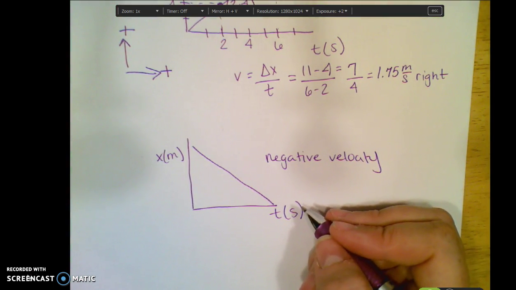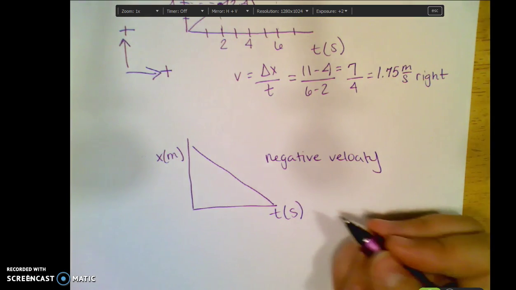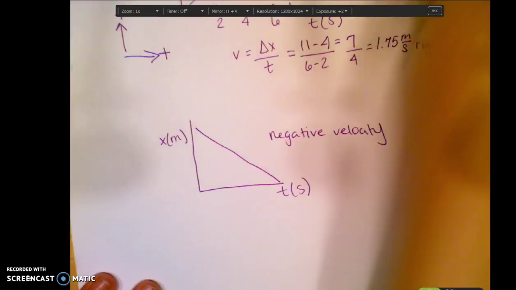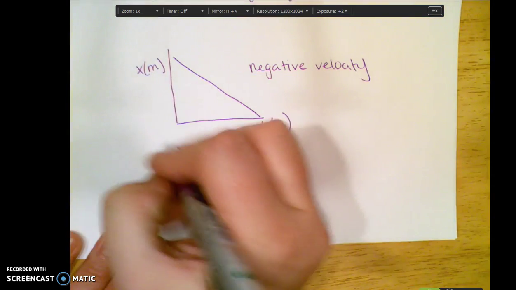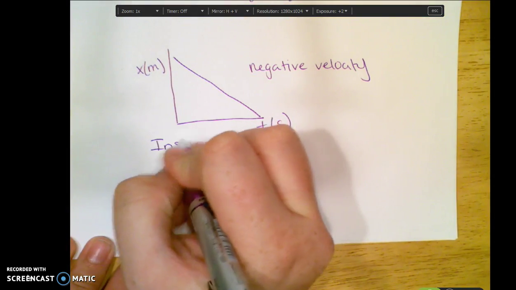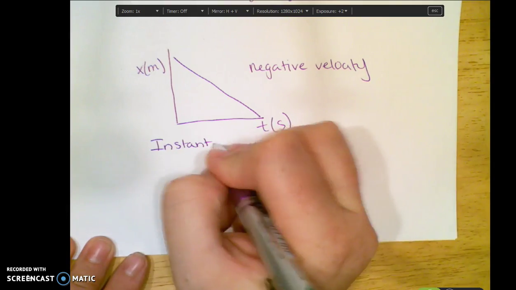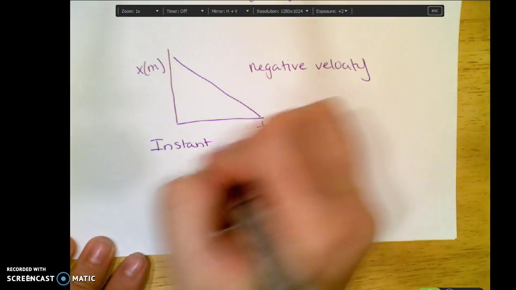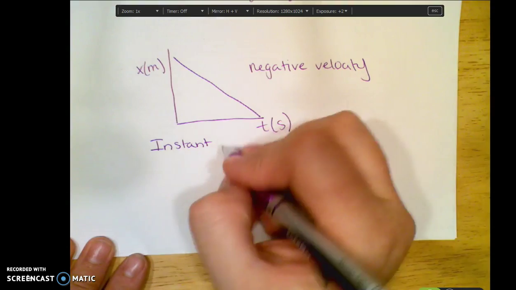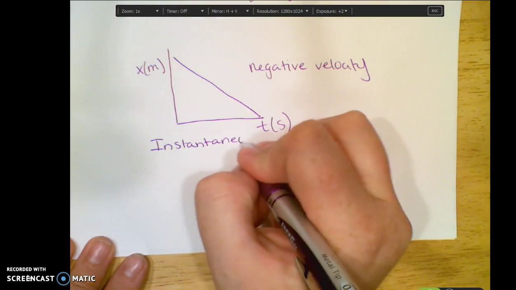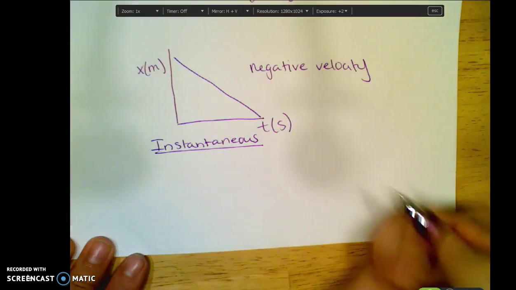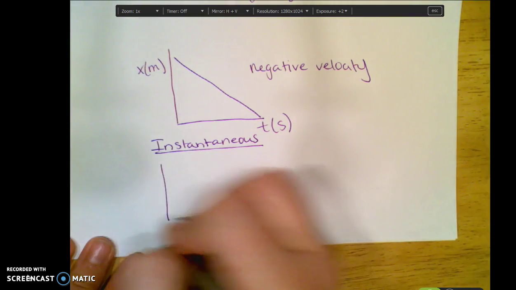Alright. I also want to talk about instantaneous velocity. So, to find the instantaneous velocity, that is the velocity at a specific time, not an average. You have to use a tangent line. So here's my graph.